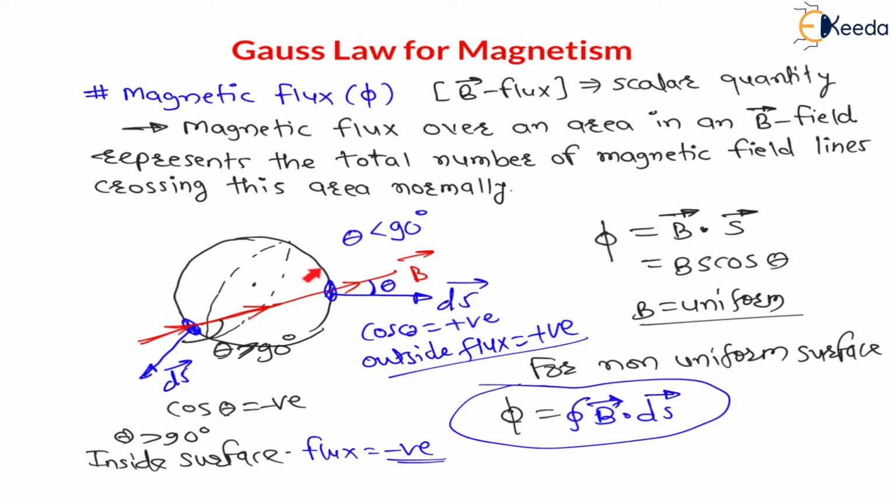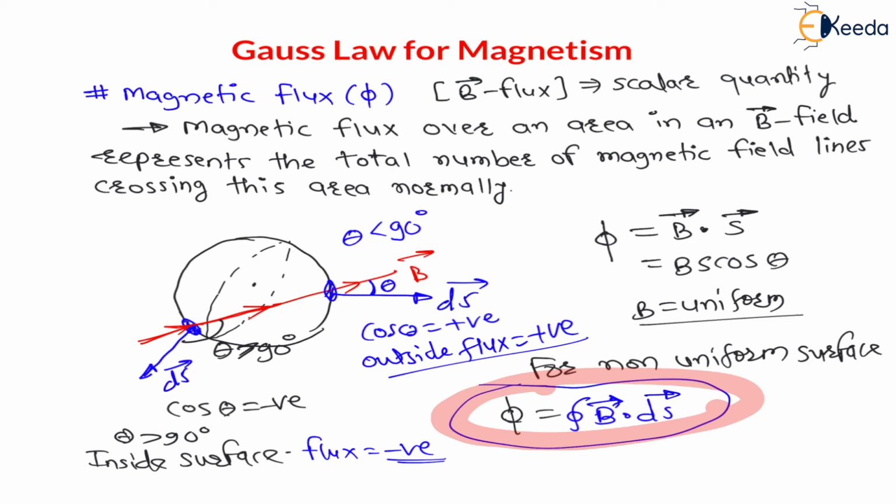When your flux is entering into the surface, it is negative. When your flux is leaving the surface, it is positive. Or if theta is less than 90 degrees, it is leaving the surface and it is positive. And if theta is more than 90 degrees, it is entering into the surface and it is negative. The flux is calculated as phi equals B dot dS, which is BS cos theta, or simply with the integration method, if the surface is not uniform, this will be the formula to find flux.